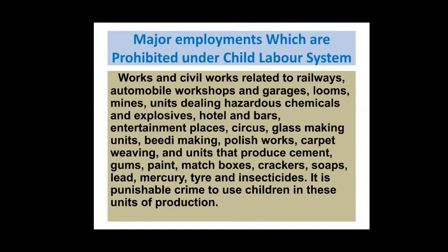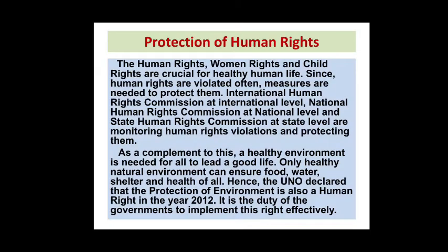So, before, many children did work in very dangerous mining centers and industries. That's why our government introduced the Child Prohibition Act. Children, next point, protection of human rights. The human rights, women's rights, and child rights are crucial for healthy human life.